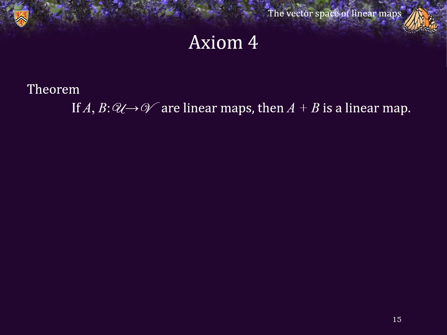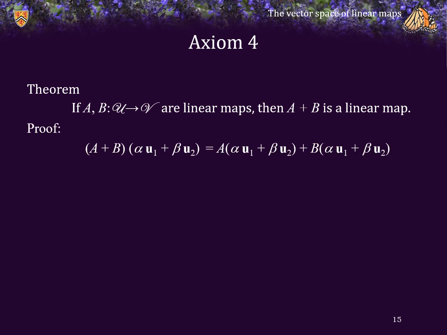Now, if A and B are both linear maps mapping a vector space U onto a vector space V, then A plus B is a linear map. All right, let's apply A plus B to a linear combination of vectors in U. Well, by definition, this is simply A applied to that linear combination plus B applied to that linear combination.